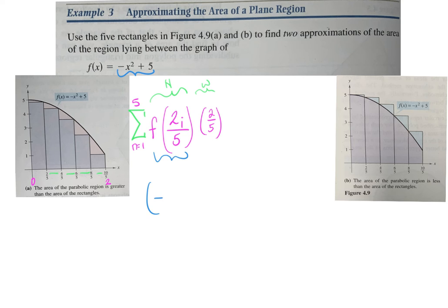So negative 2i over 5 squared plus 5, right? That's what happens when I plug it into the function. That gives me my y value, okay? Times my width, which is stagnant. The width does not change. It's always 2/5. And I still want my summation from my first term to my 5th term, okay?